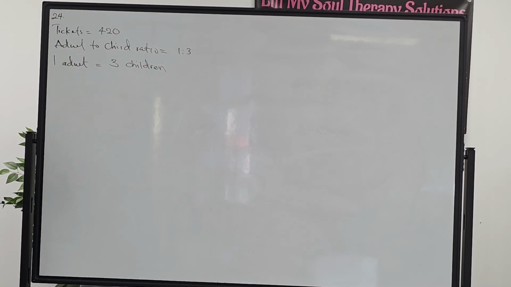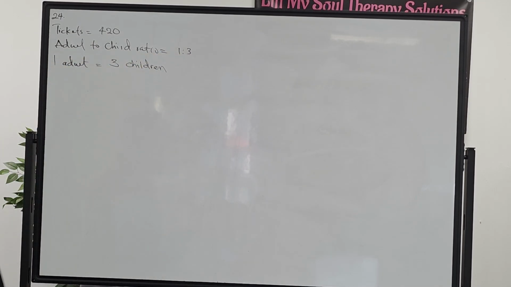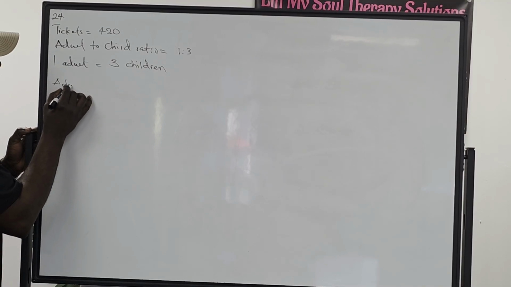The manager is working with a given constraint. The adult ticket price must be no more than 1.7 times the child ticket price, so that maximum adult price.